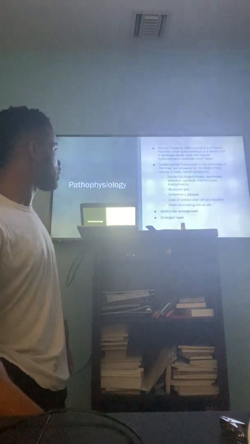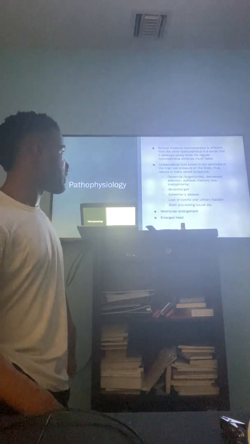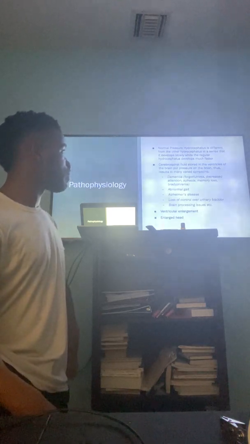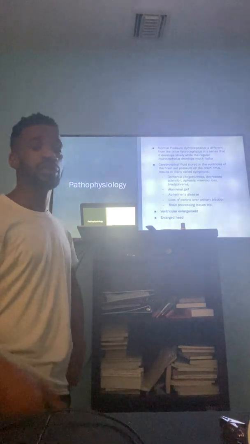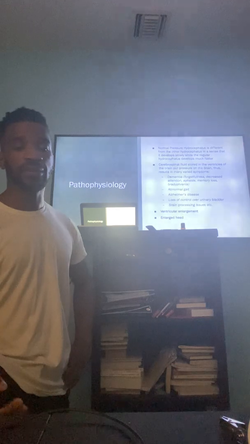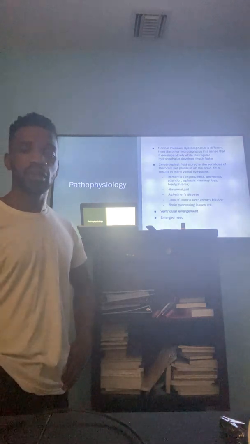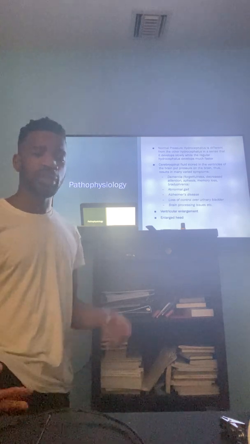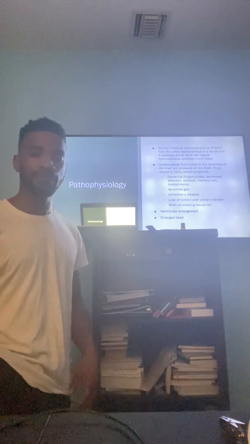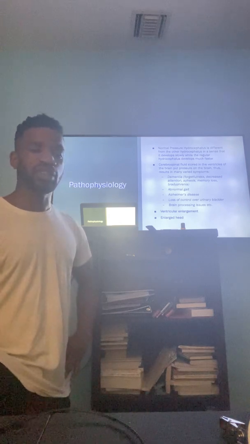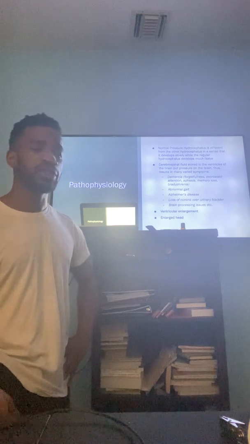And then with the pathophysiology, we see that dementia and Alzheimer's are a big indicator in this disease. Usually this disease can be mixed up with dementia or Alzheimer's because you can forget, have some cognitive difficulties remembering things, walking, speech.